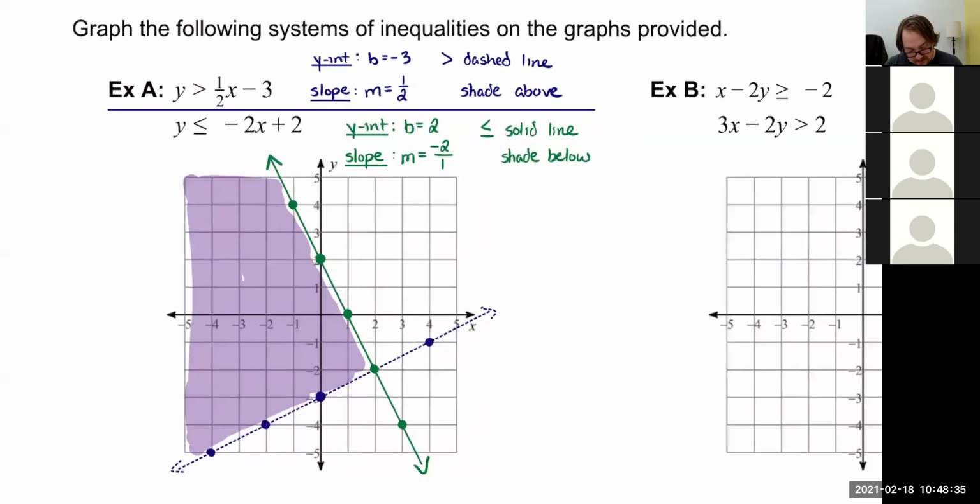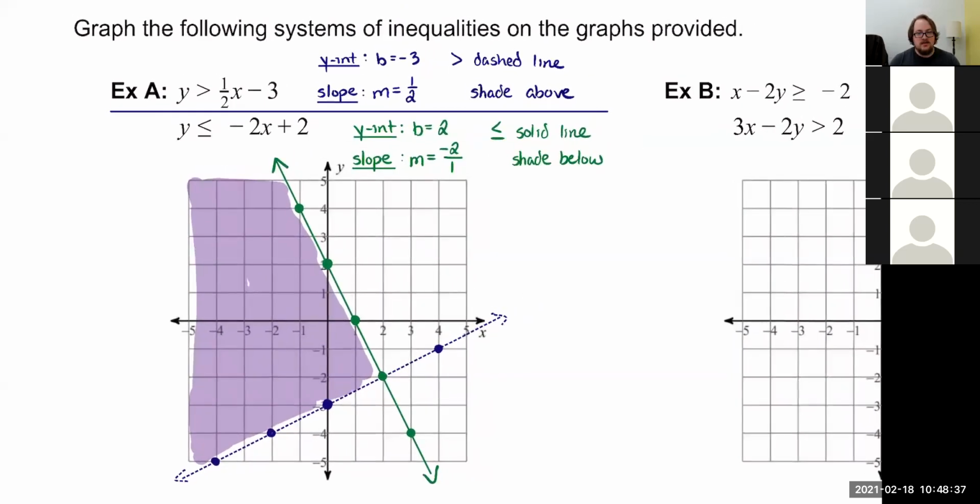So just to summarize, why did I do this? What is so unique about this region right here? Any ideas? Thoughts, maybe? What's so unique about the points that land in this shaded region? If you don't know, that's okay too.